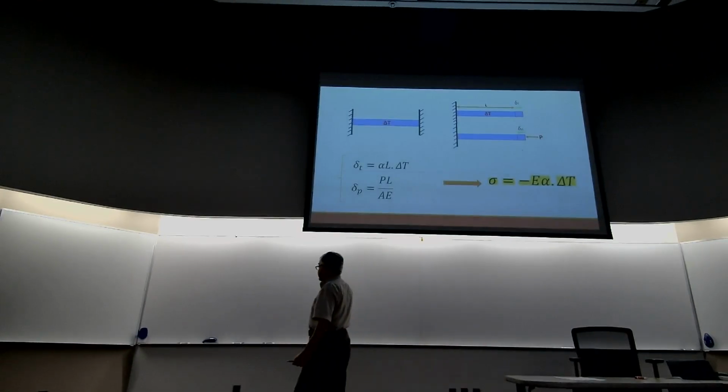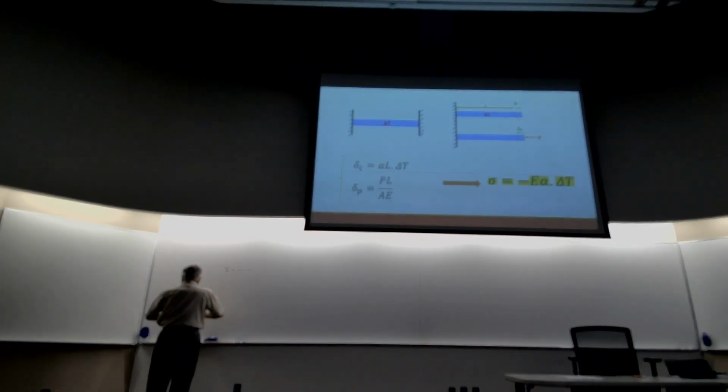Eliminating the wall means that we have removed the force, P. And then we have to put it back, as shown here, and that will cause a deformation according to this equation. The net elongation will be the summation of those two pieces.